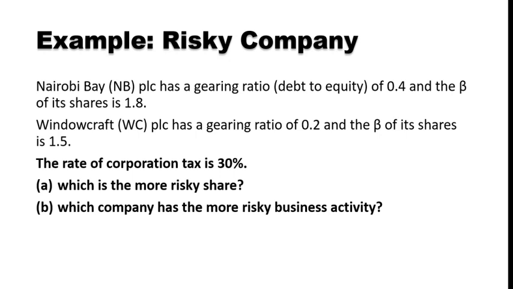Windowcraft WC PLC has a gearing ratio of 0.2 and the beta of its shares is 1.5. The rate of corporation tax is 30%. Which of the two companies is more risky, and which company has the more risky business activity?